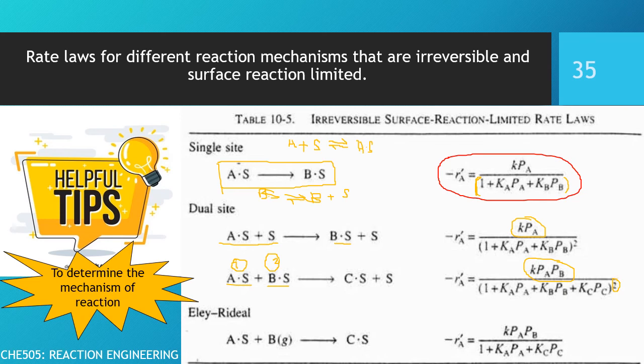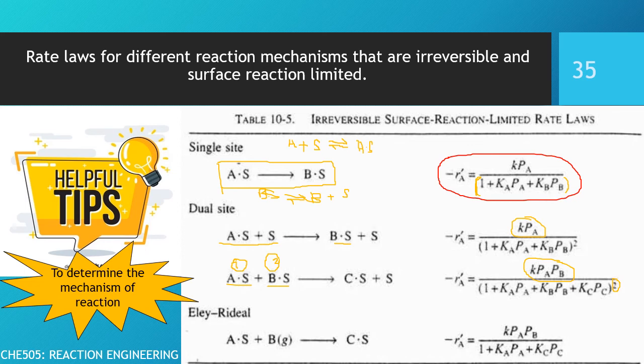Look at the numerator and denominator. In the numerator, we have PA, PB, meaning 2 reactants, which are A and B. Then, look at the denominator. The denominator has power of 1, meaning that it is not a dual site mechanism.